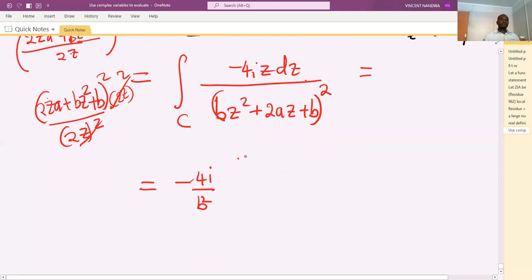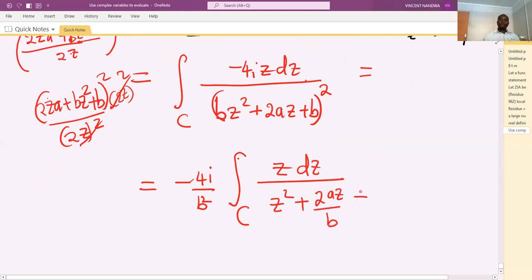So factoring out, I have the integral along C, and then z dz over (z squared plus 2a over b z plus 1), and then square.